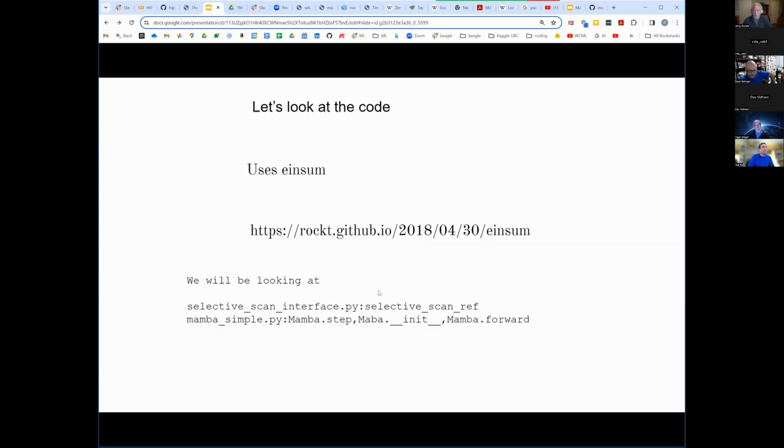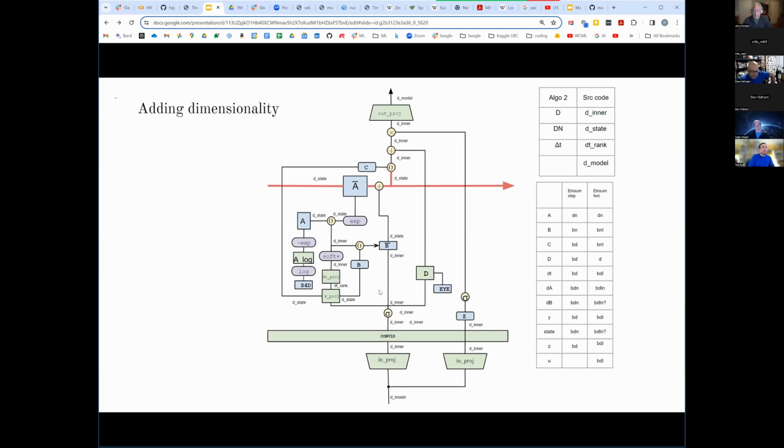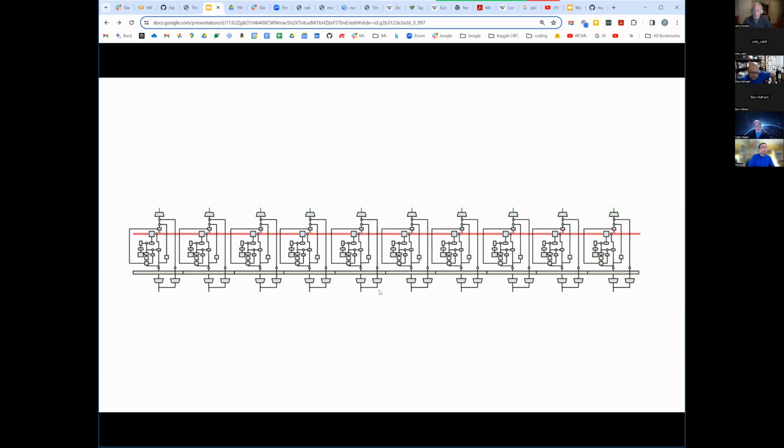What I had done was depicting that, when stacked through time, each one of these would be a token. Ted, this is like your transformer one, right? Each one has a token coming in and a token coming out. And then you have state running through all of them. And you have this convolution that slides across all of them.